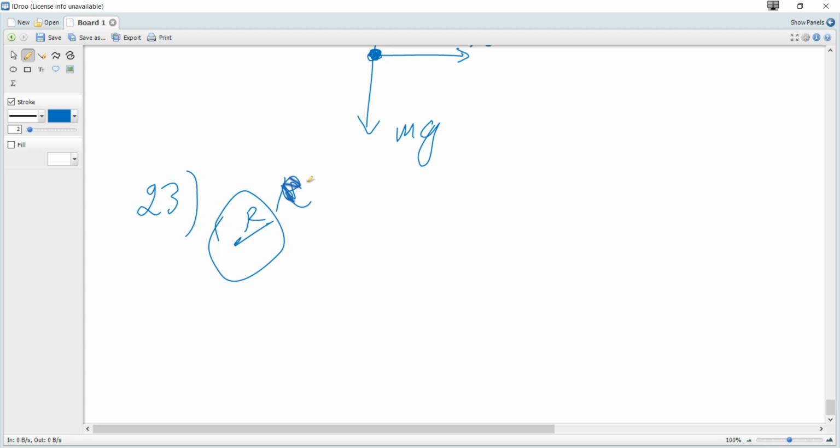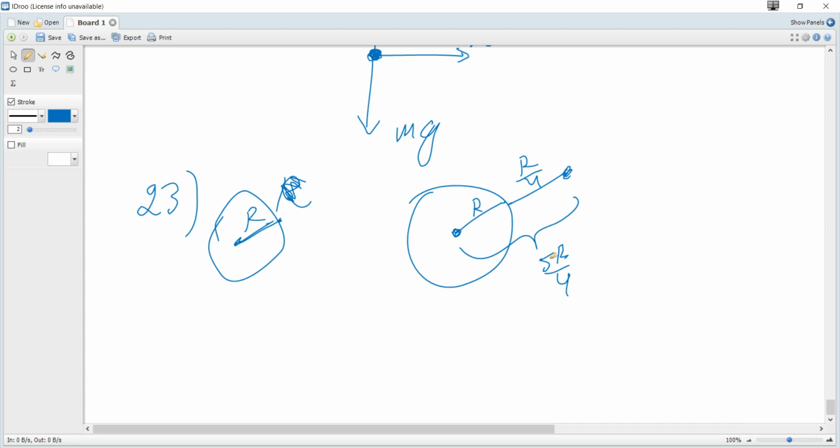Be aware of such equations, because distances may be given from the surface, but all distances must be measured from the center of a planet. So the radius is R, and it is launched to a height of R over 4 above, so finally the distance is 5R over 4.